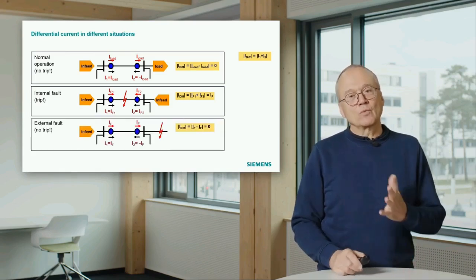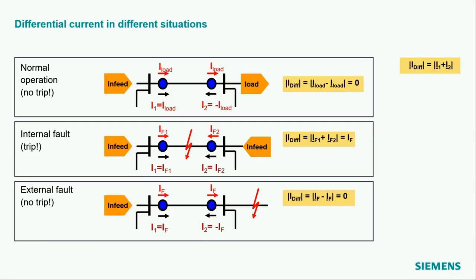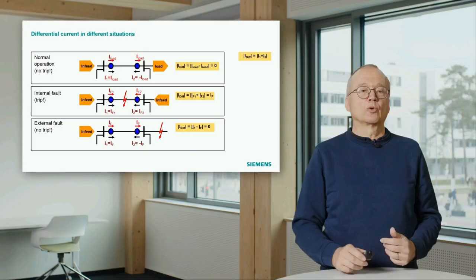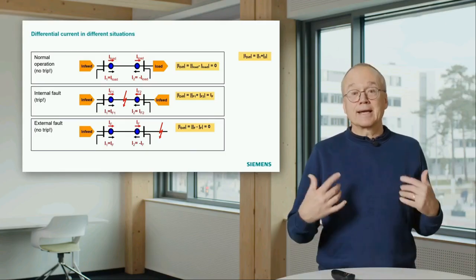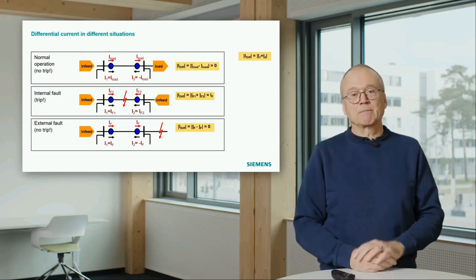And then we have this other case, the external fault, and typically that is the most difficult thing for a differential protection, not to react on an external fault. For the external fault we have a strong current flowing through the line. It's similar to the load situation, but the current level is much higher.